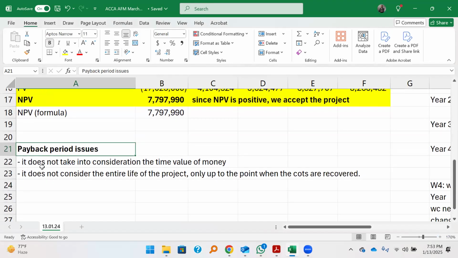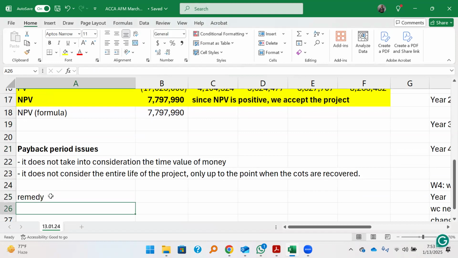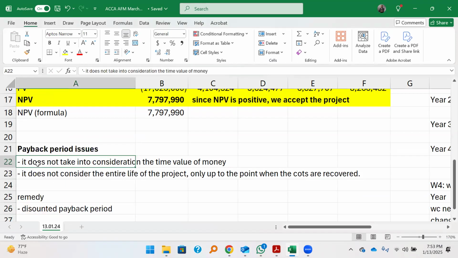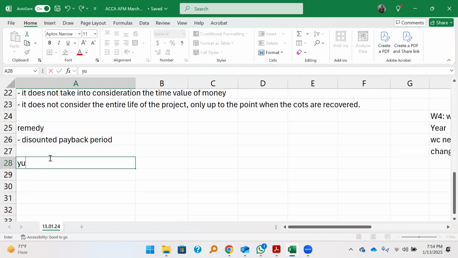And what do you do to remedy this? You can do what we call the discounted payback period. But this one is going to have the first problem solved, but the second one won't be solved. It still does not consider the entire life of the project. So what then can you do? That's where we have what we call the ultimate solution.